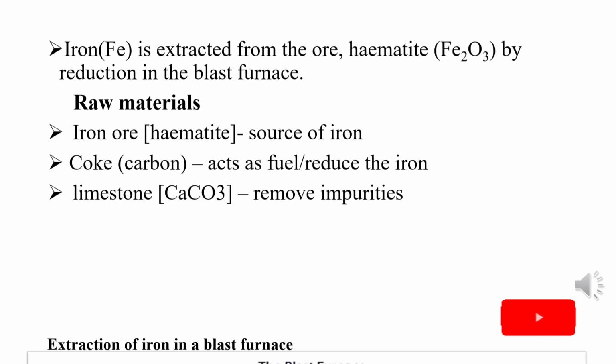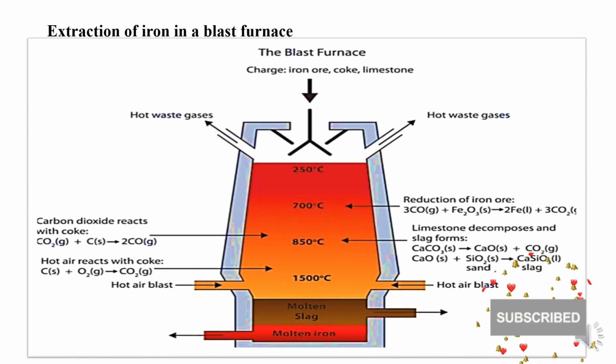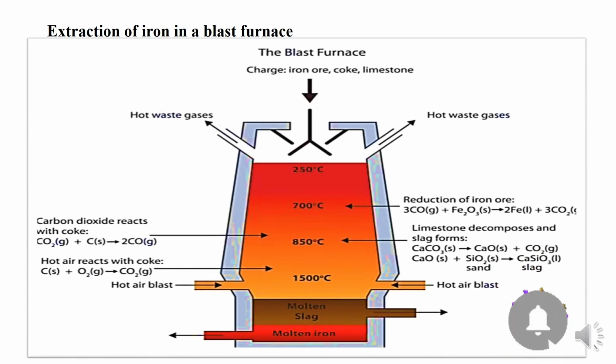How is iron extracted? The raw materials are injected: the iron ore, coke and limestone, as well as the hot blast of air. The blast air reacts with coke in order to form carbon dioxide.